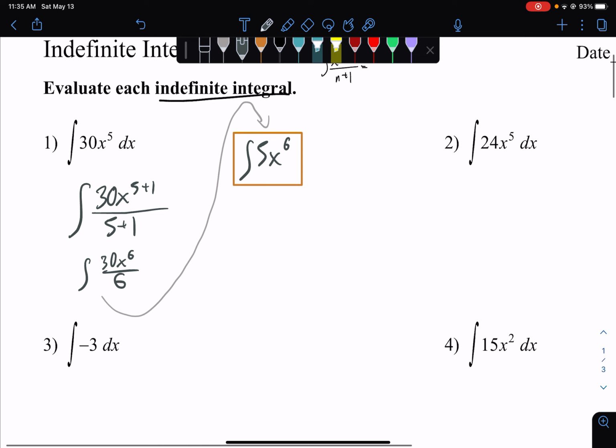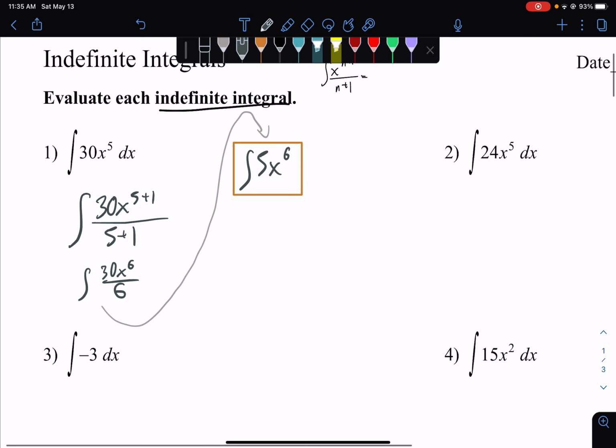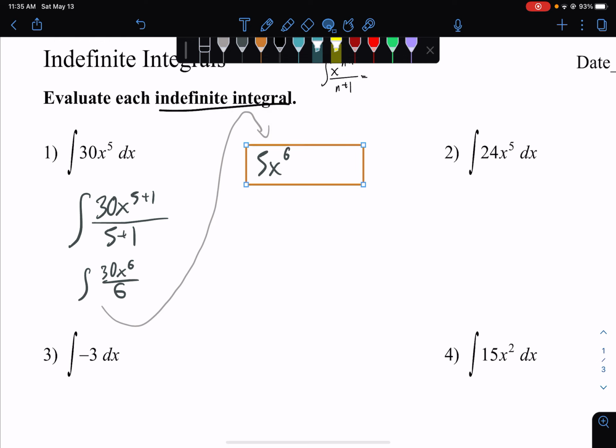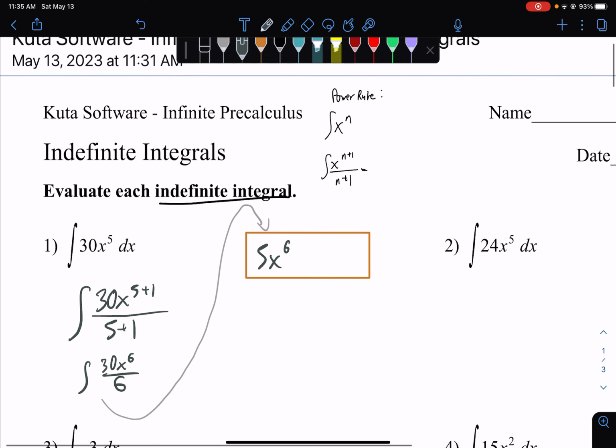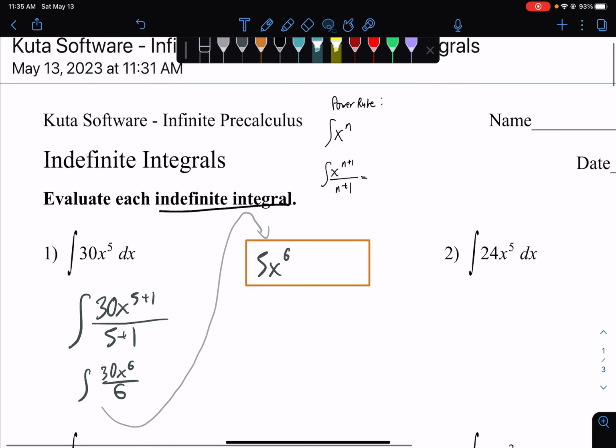5x raised to 6, so that we don't have to write this anymore. By the way, this is the answer. There's also a policy in evaluating indefinite integrals using certain rules, or something called U substitution: we always put a plus C in our final answer. Otherwise, you won't get much credit when the teacher checks it.